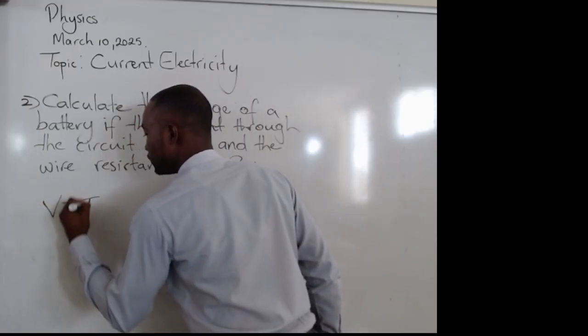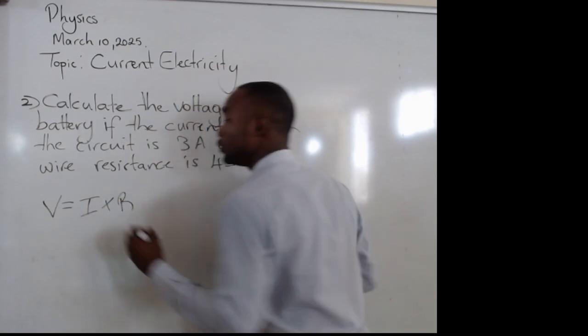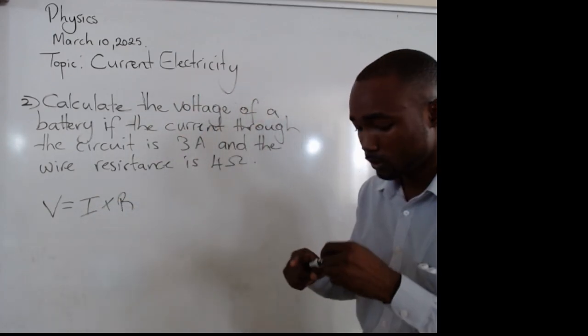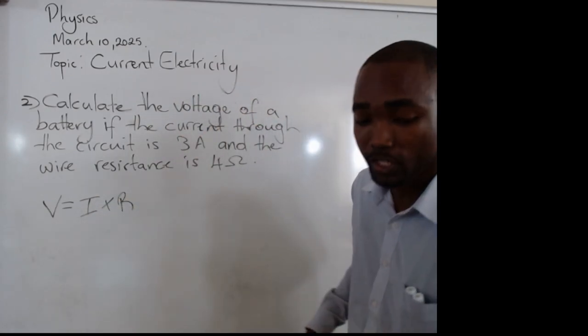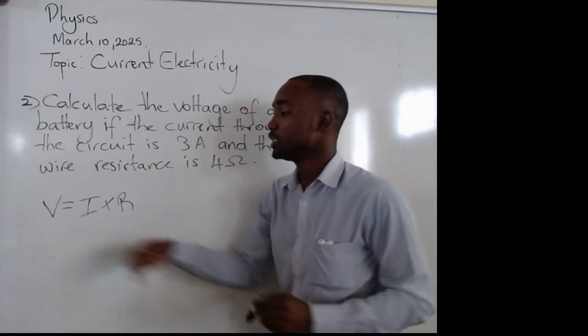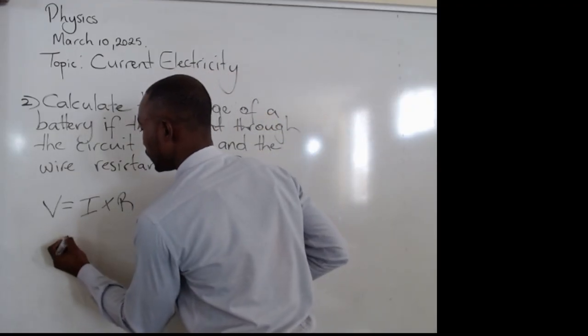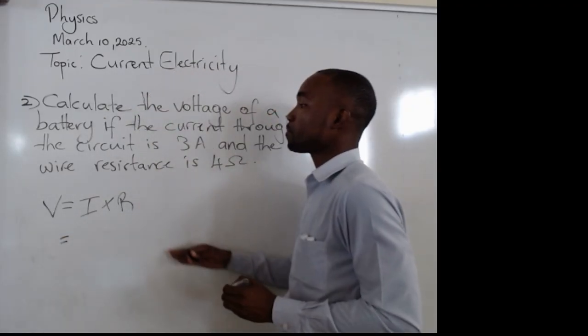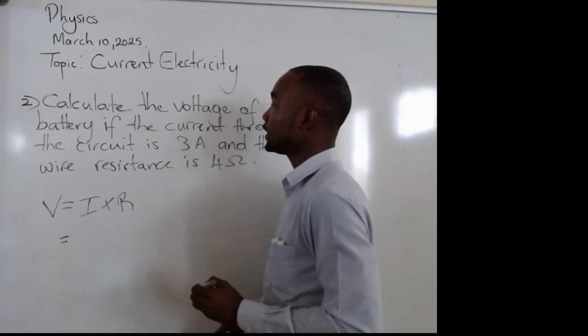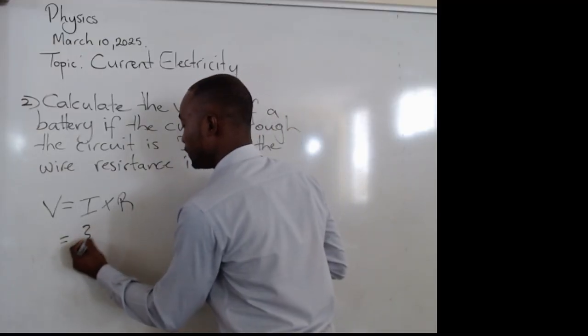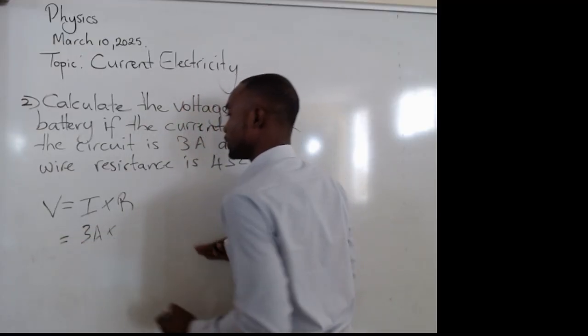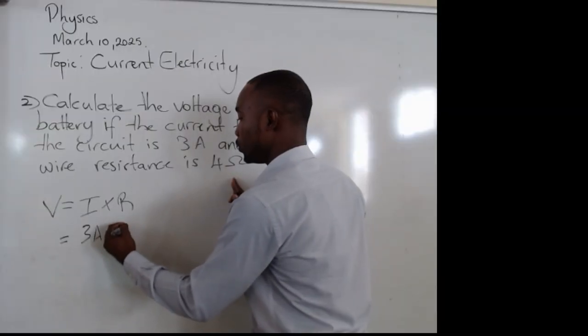Let's go. We know our formula. We normally start with V is equal to I times R. Do we need to make any changes? No, we don't need to make any changes. It is already in terms of voltage. That's the subject of our formula. We need to now put the values that we have for current. It gave us 3 amperes times 4 ohms.